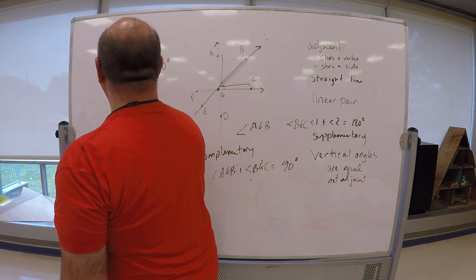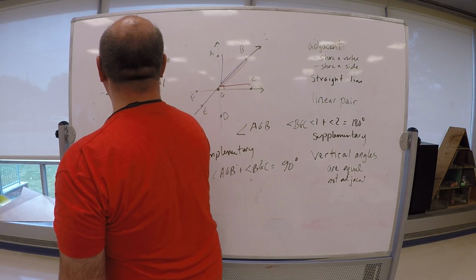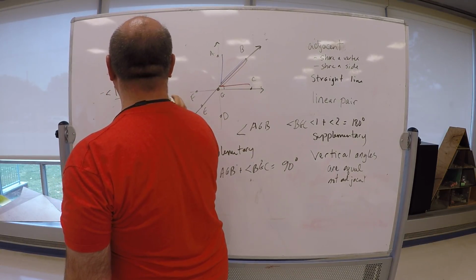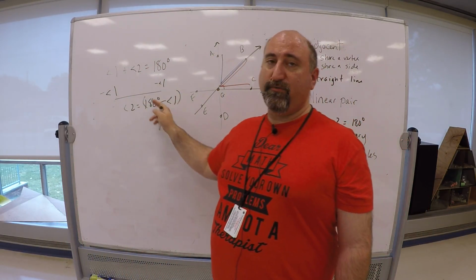And angle 2, if you just do a little subtraction, equals 180 degrees minus angle 1. So really, it's the same formula, you're just rearranging it.